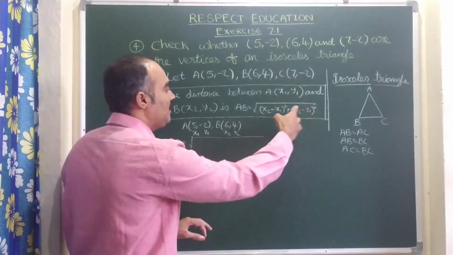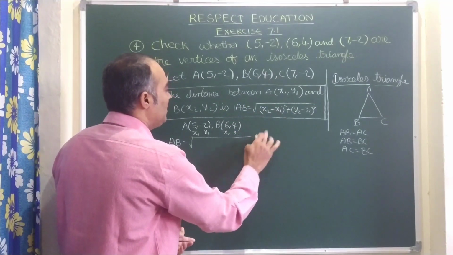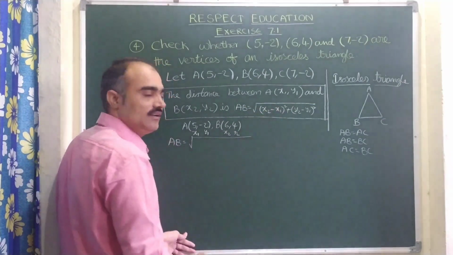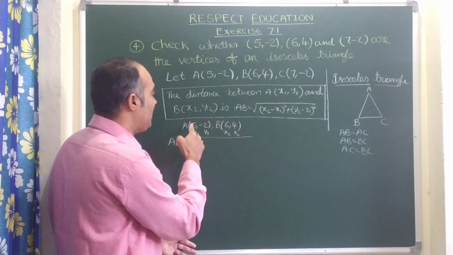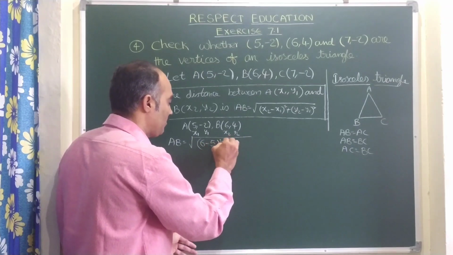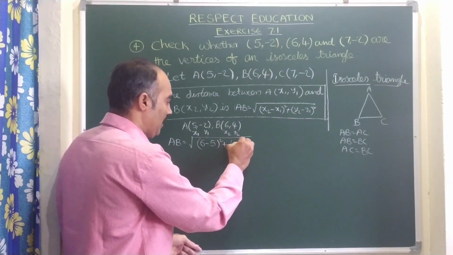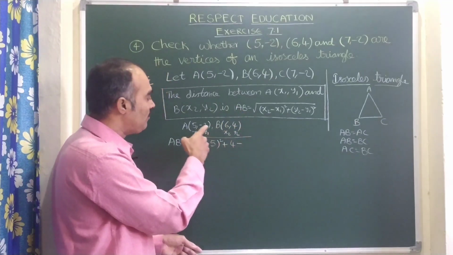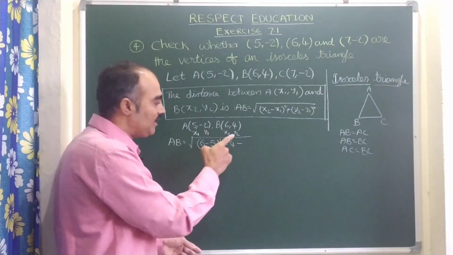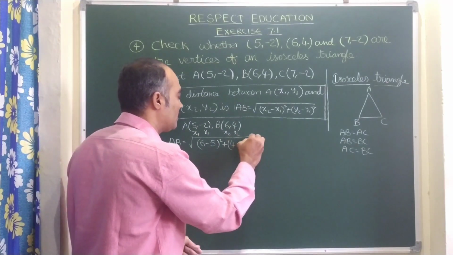Already we have written the formula, so let us substitute the values directly. So x2 minus x1: x2 is 6, 6 minus 5 whole square, plus y2 is 4 minus y1, which is minus 2. This minus into minus becomes plus, so it is 4 plus 2 whole square.